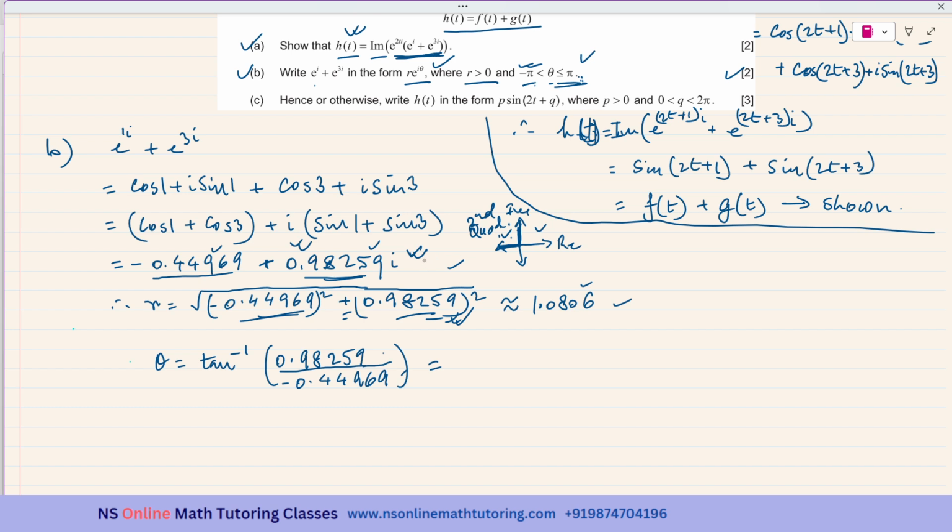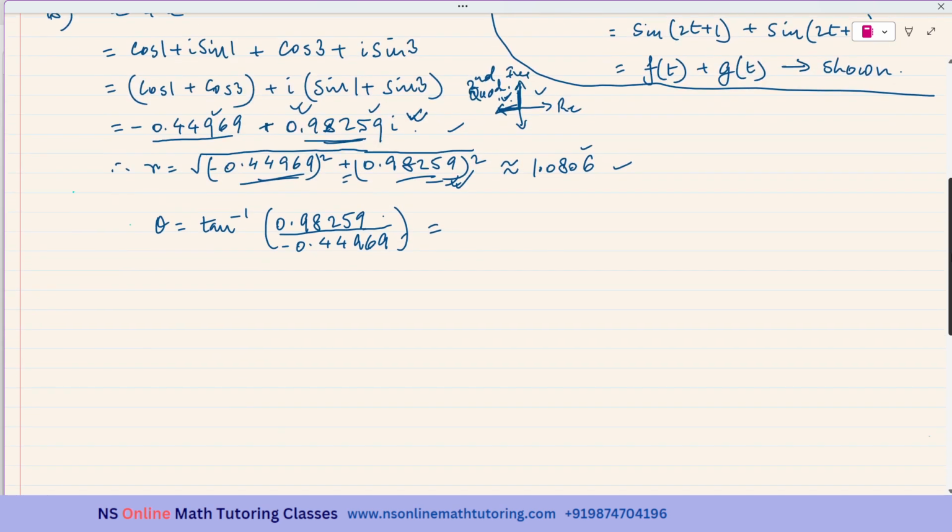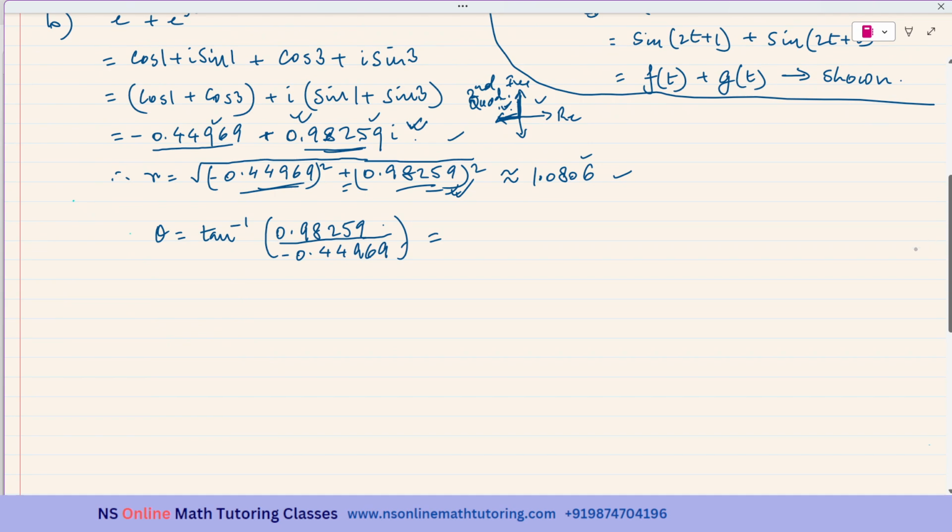Because you have to see in which quadrant is the number lying. Okay. It is lying over here where the real numbers are negative and the imaginary numbers are positive. So theta should be a positive angle. Therefore, what can we do to find the positive angle, the angle from the second quadrant?